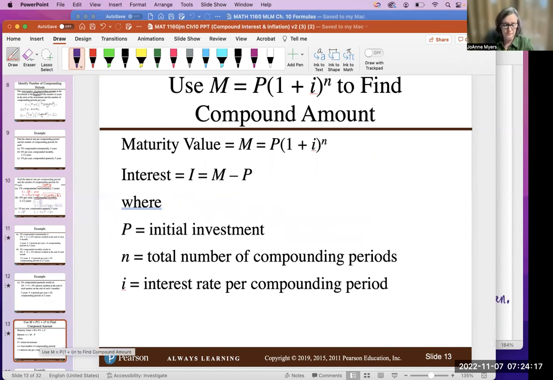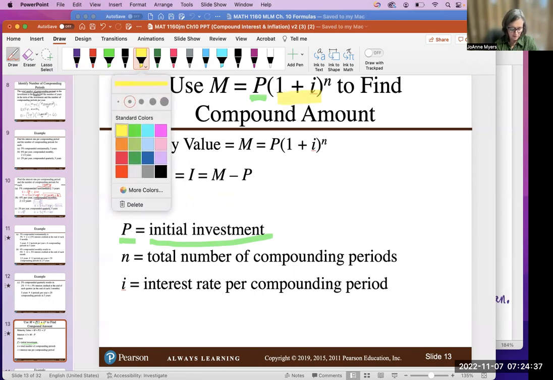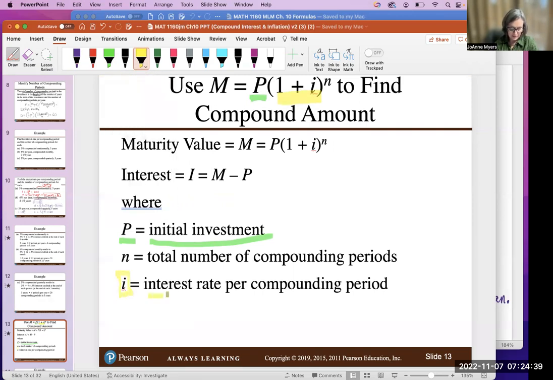Maturity value. The maturity value, the total amount of your investment, is going to equal the amount of money you put in to begin with, your principal, times 1 plus your interest rate. Again, your I is still computed by the interest rate per compounding period.